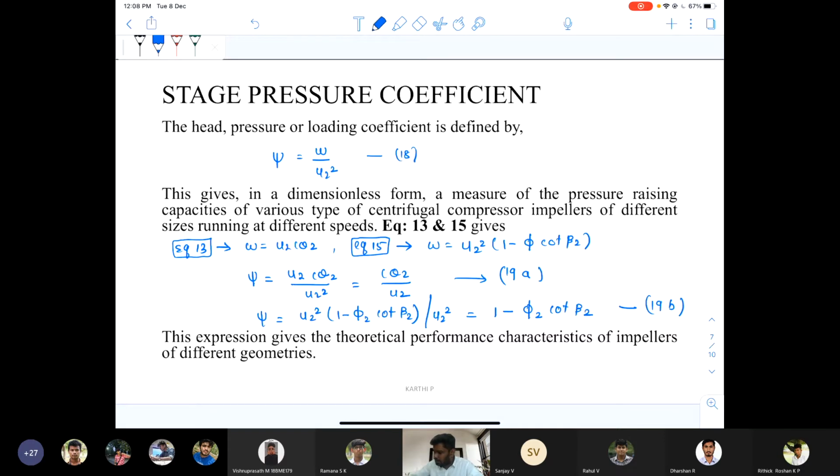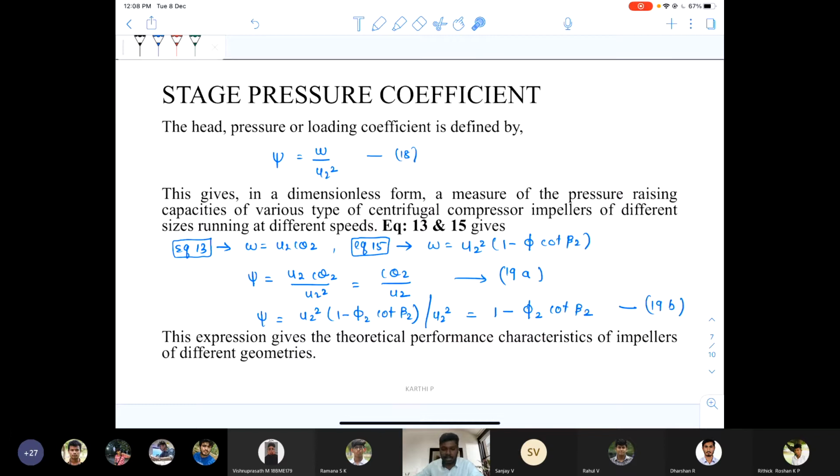This expression gives the theoretical performance characteristics of the impeller of different geometry. That is, equations 19a and 19b give the theoretical performance characteristics of the impeller of different geometry.